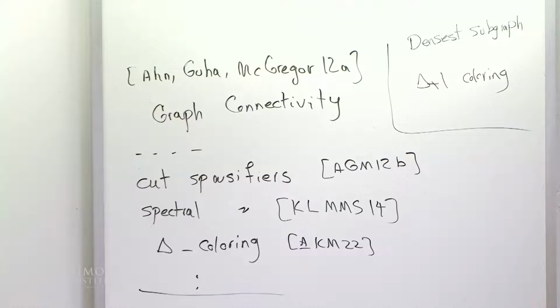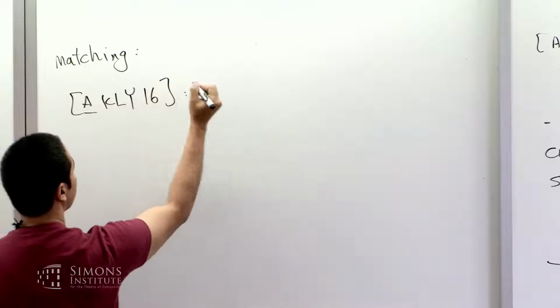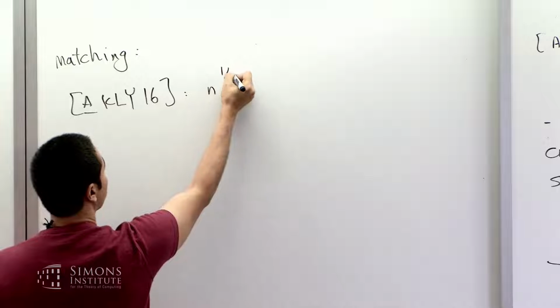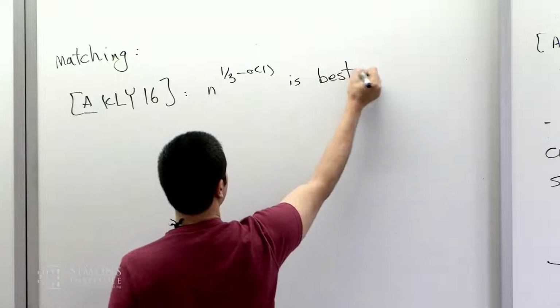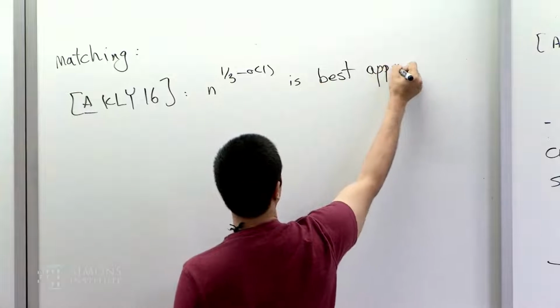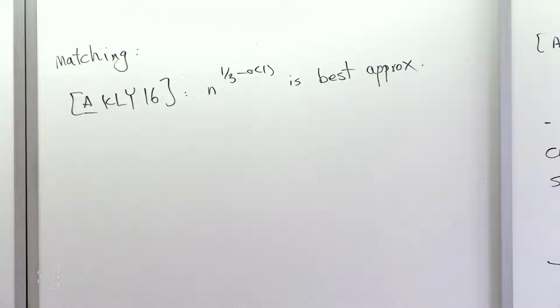So for matching, it proves a very strong lower bound. It says that if you want to be able to preserve a large matching with a sketch of size O tilde n, the best approximation factor you get is only n to the 1/3.